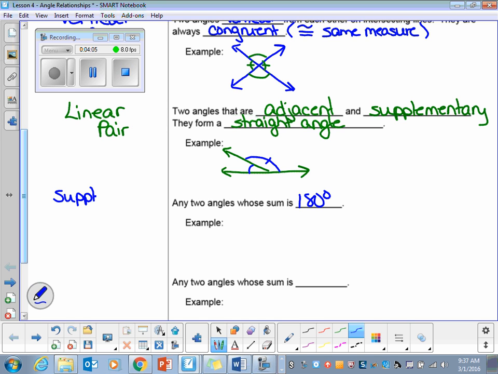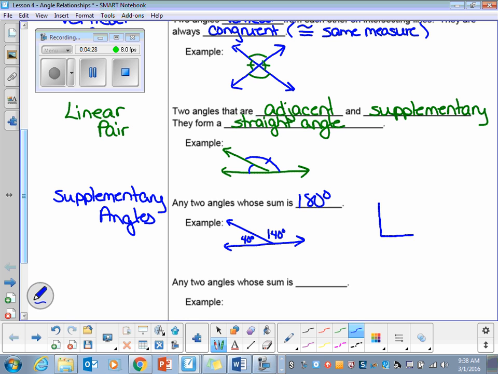Supplementary angles. So that could be a linear pair. Let's say this is 40 degrees and this is 140 degrees, so that would equal 180. But it doesn't have to be a linear pair.